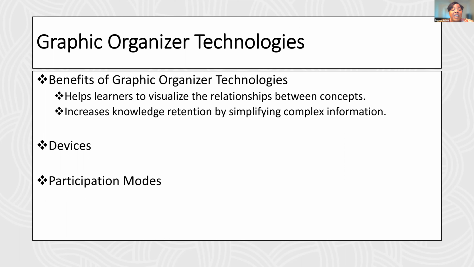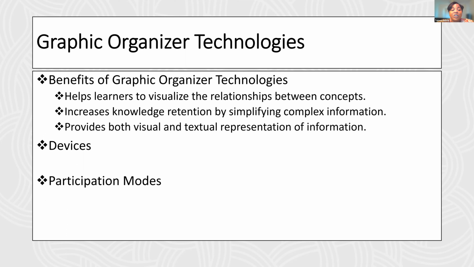It increases knowledge retention by simplifying complex information. And it also provides both visual and textual representation of information, which can be very important for students that need visual components, and also students that prefer textual representation of information.